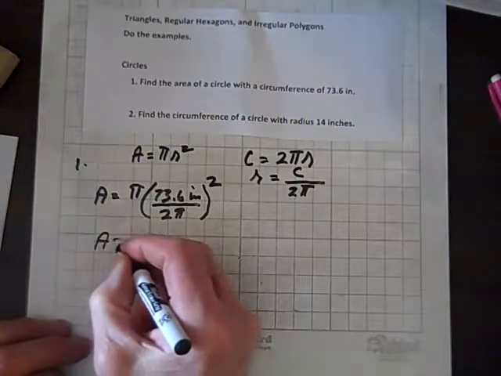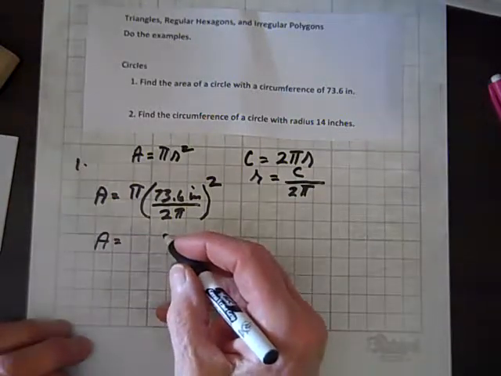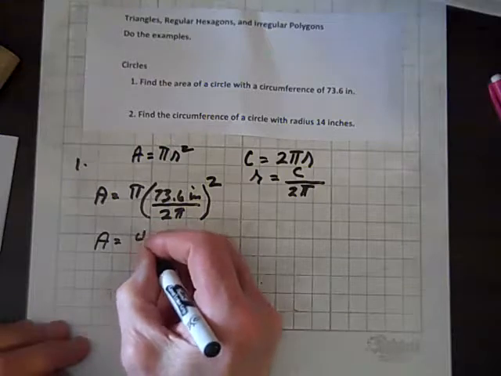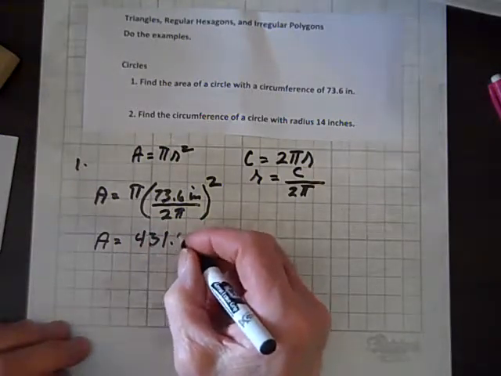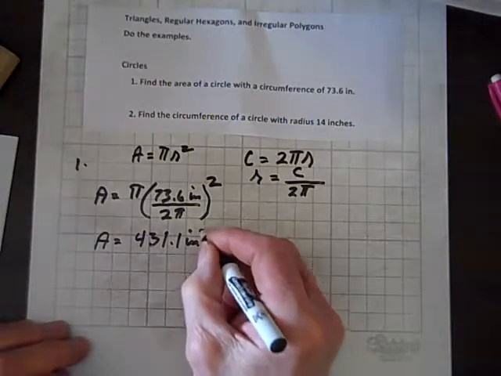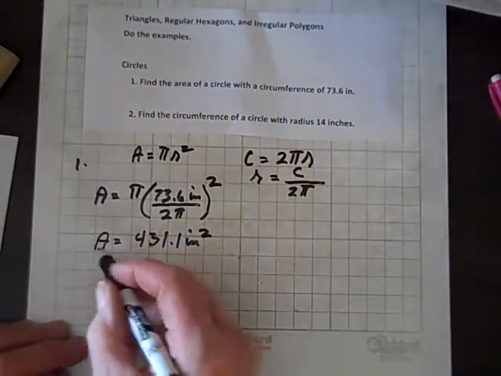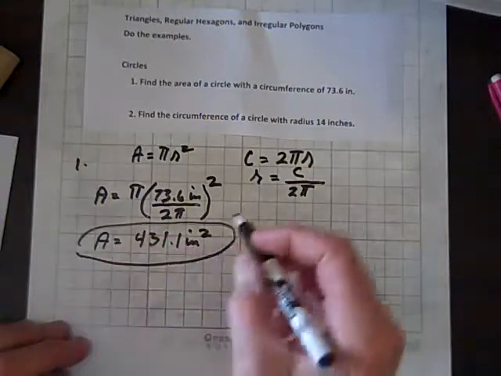When we run it through a calculator, we get 431.1 inches squared. I rounded, so that took care of number 1.